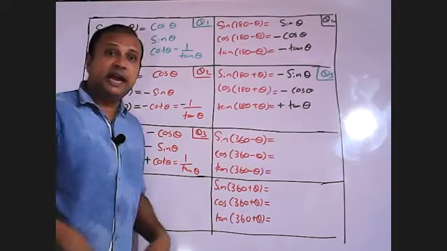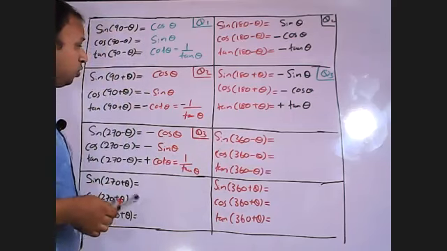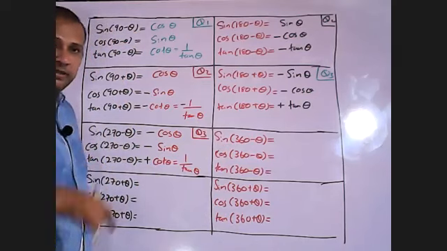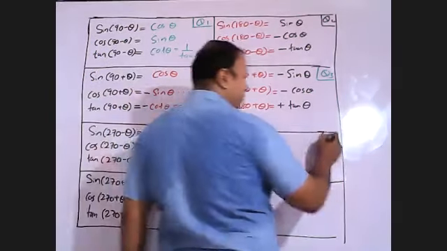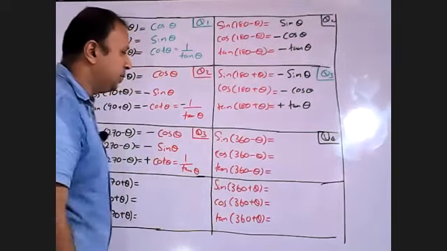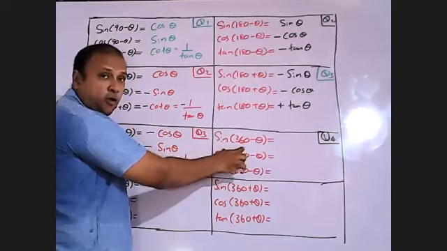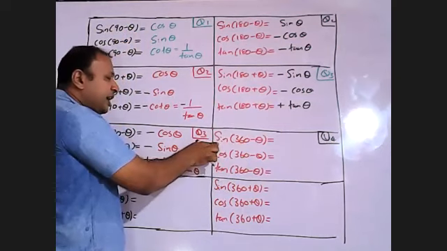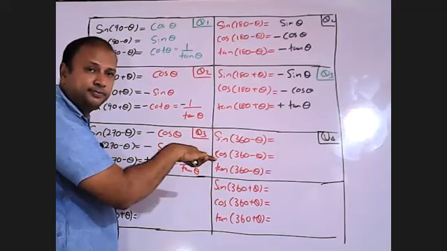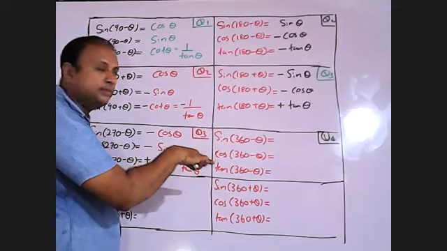Then go for this one. 360 minus theta belongs to which quadrant? Fourth one, Q4. Therefore, sine value of this angle is negative or positive? Negative.